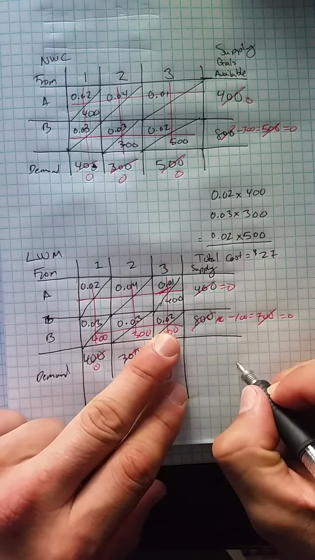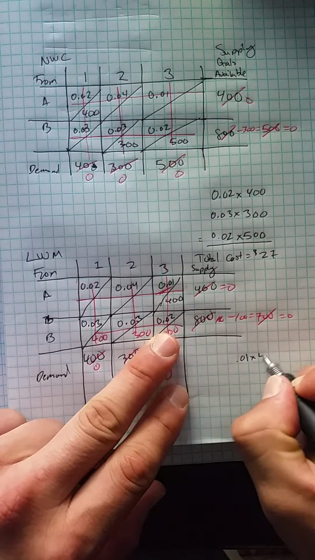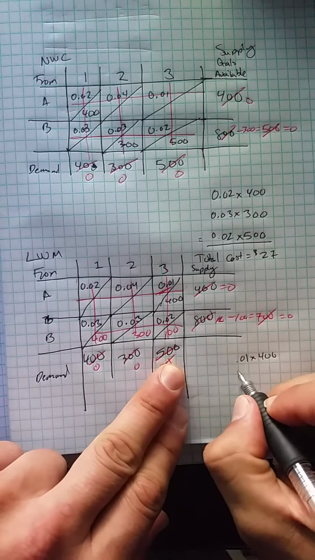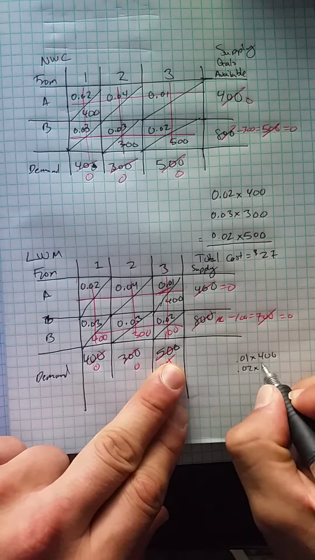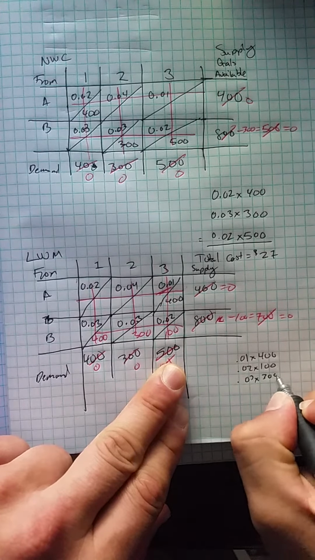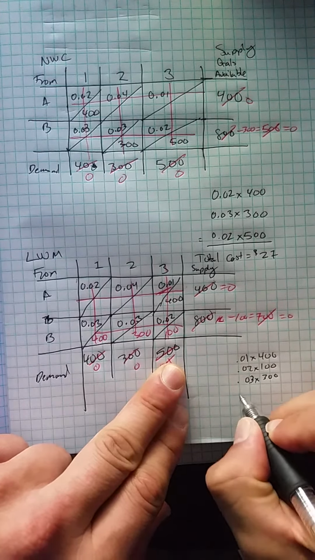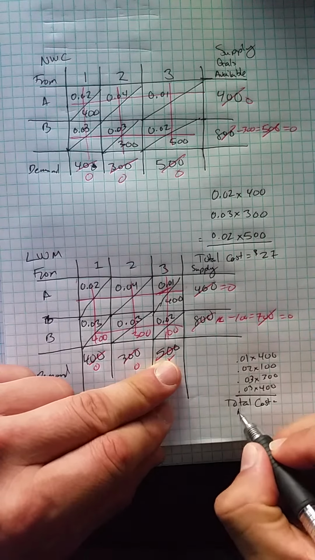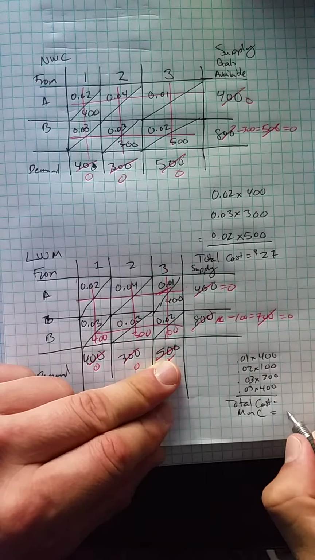And so we have here 0.01 times 400, 0.02 times 100, 0.03 times 300, 0.03 times 400. And that's going to equal, which is the minimum cost, 27.